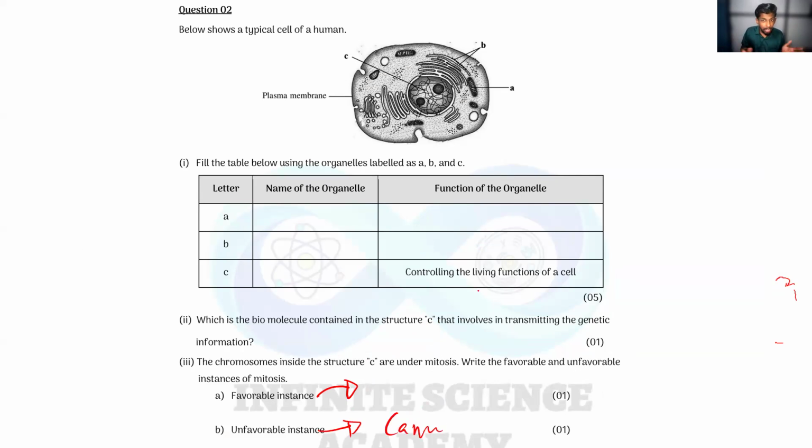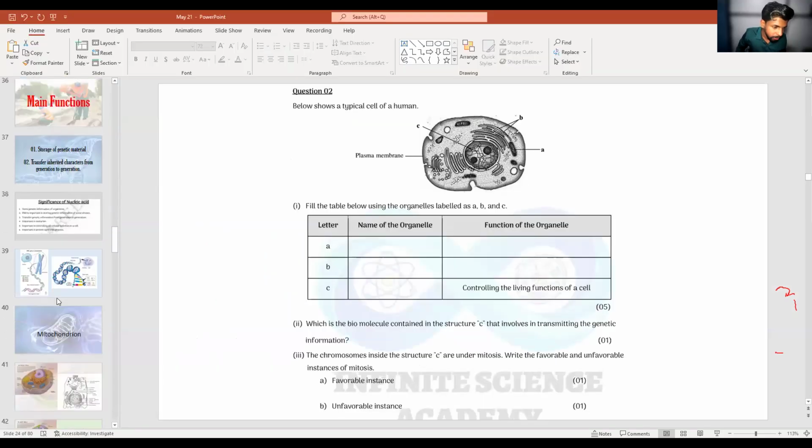Cancer cells means uncontrollable growth. If mitosis happens without control, without a limit, it will cause cancer. So cancer is the unfavorable condition, and the favorable conditions are growth, asexual reproduction, and also the third one, wound healing.